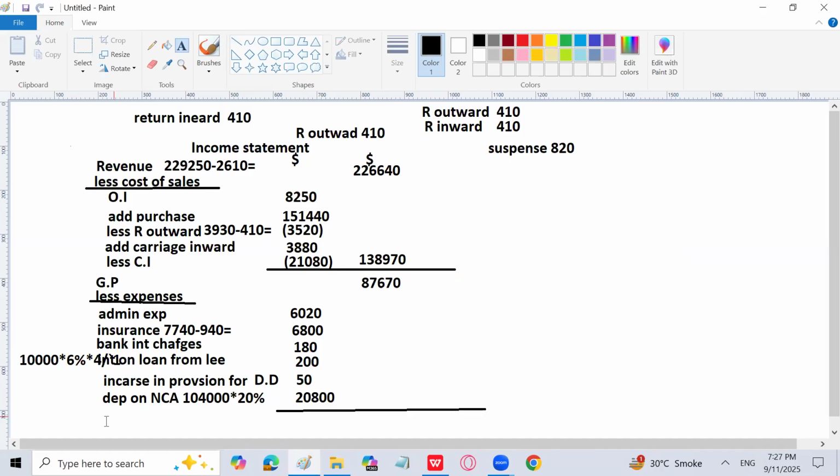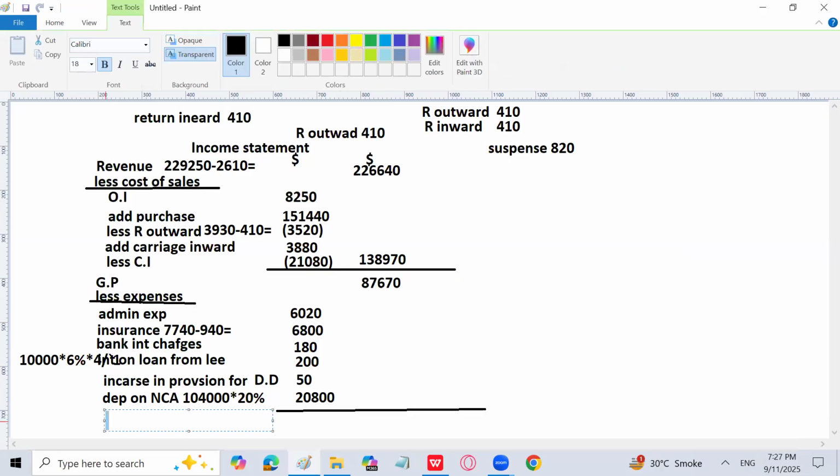So I will write here total expenses and here is going to be the profit for the year. 34050. 34050 and subtracted, you will get the profit for the year.